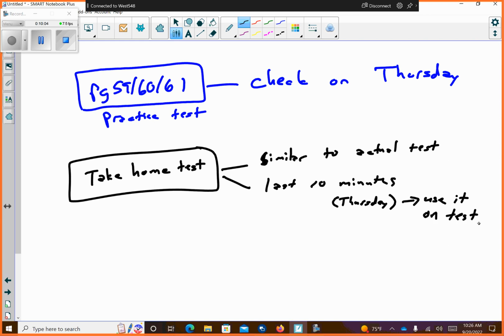Okay? So basically, what time we out of here on Thursday? It's third period. Is that 11? It's normal schedule, so I think it's 11. So at 10:50 on Thursday.